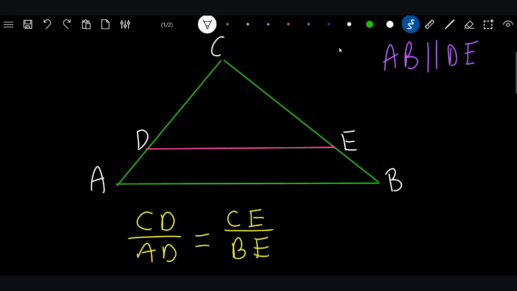CD, this side right here, over AD. These parts, CD and AD, are proportionally equal to CE, that side right there, and EB.